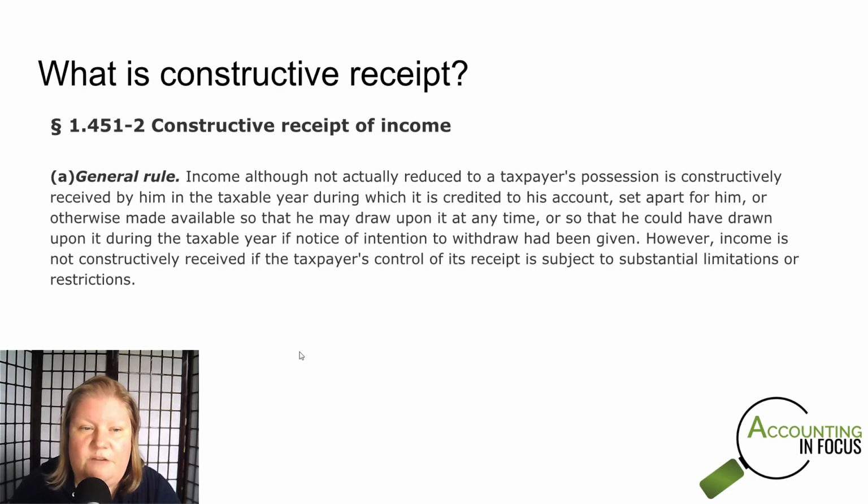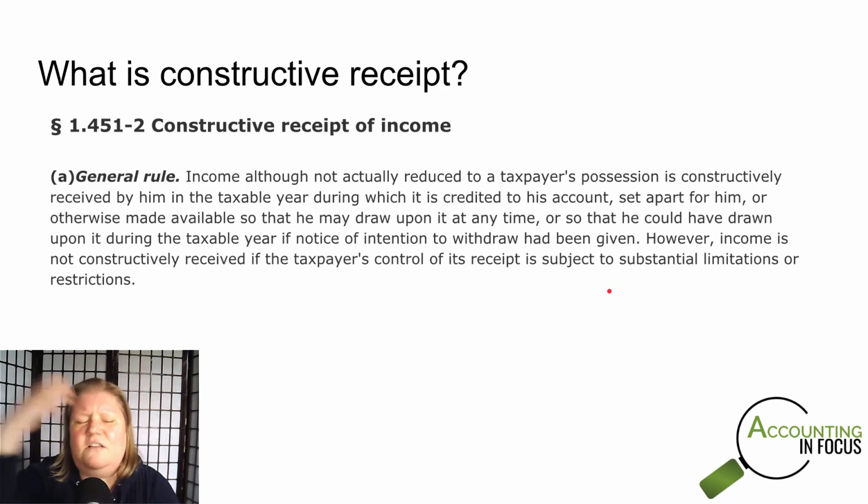So constructive receipt, the general rule is that income, although not actually reduced to a taxpayer's possession, is constructively received by him in a taxable year during which it is credited to his account, set apart for him, or otherwise made available so that he may draw upon it at any time, or so that he could have drawn upon it during the taxable year if notice of intention to draw has been given. However, income is not constructively received if the taxpayer's control of its receipt is subject to limitation or restrictions.